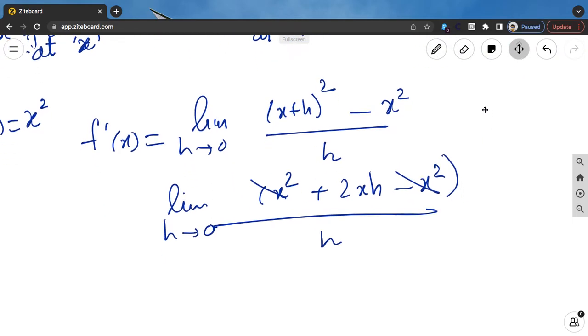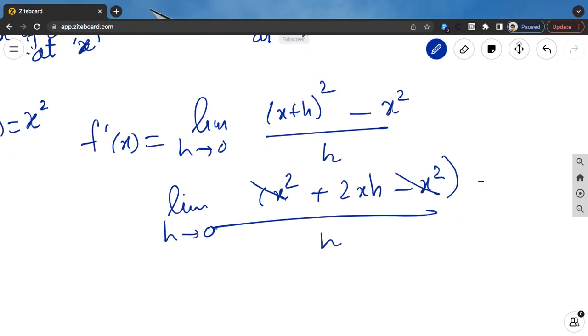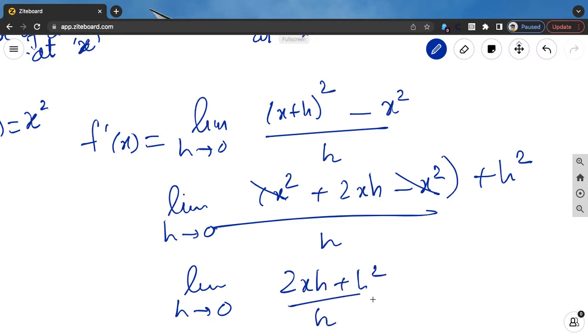So you cancel this and you had 2xh plus h square upon h. I could cancel h common between the numerator and denominator because h is only tending to 0 and not equal to 0. So this became equal to 2x.